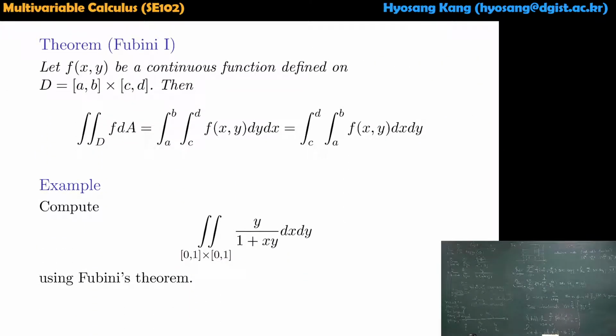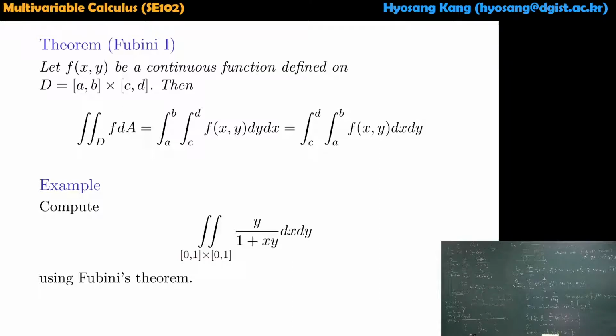So here's an important theorem, the Fubini theorem, the first Fubini theorem. Okay. It says that the double integral and the iterated integral are related. The condition is that the function must be continuous on the rectangular region.